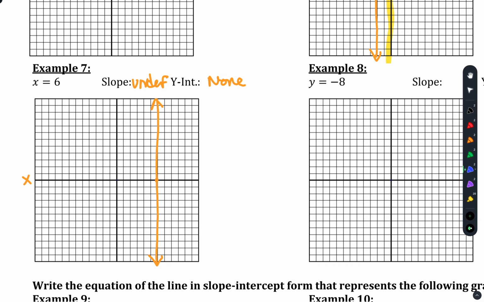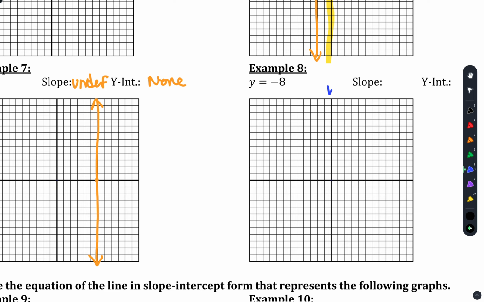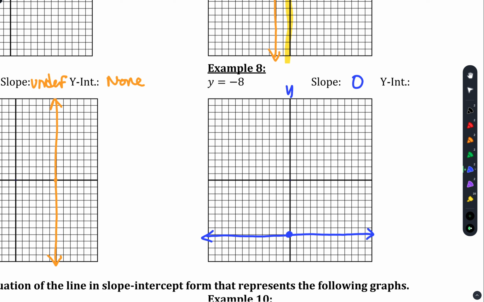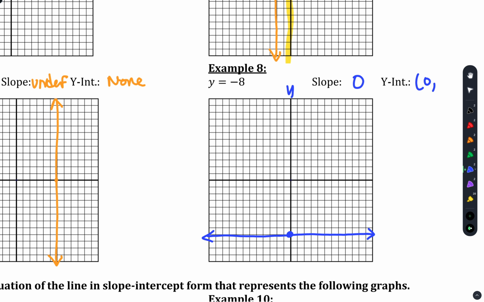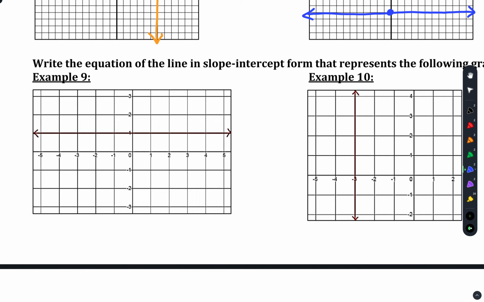Y equals -8, horizontal or vertical? I look at my y-axis, and I'm going to figure out where -8 is. That's a lot of counting for me. There it is. I'm going to draw my horizontal line through that point. What's my slope? What's my y-intercept? Good?